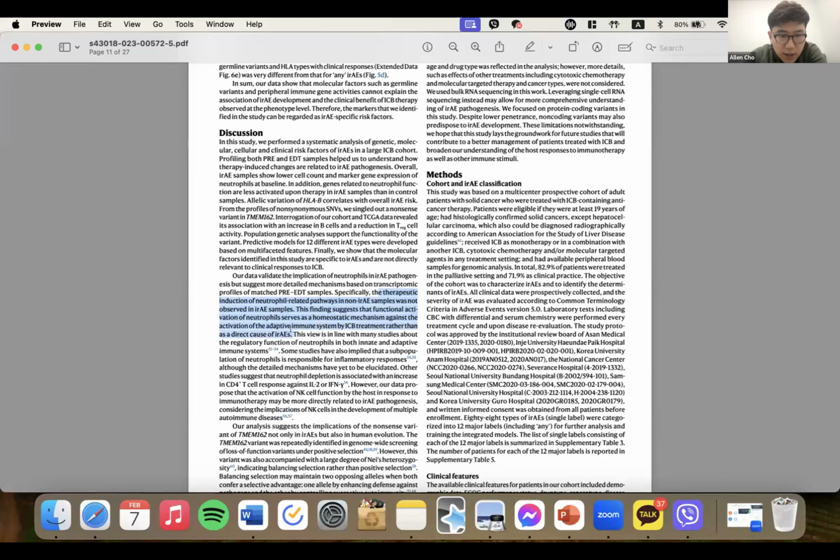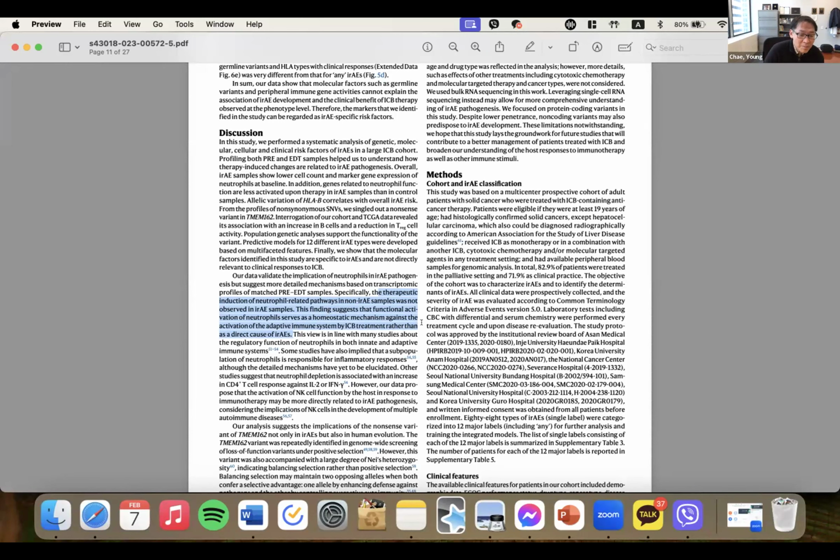This is kind of what I had understood, where I tried to relate it from: therapeutic induction of neutrophil-related pathways in non-IRAE samples was not observed in IRAE samples.